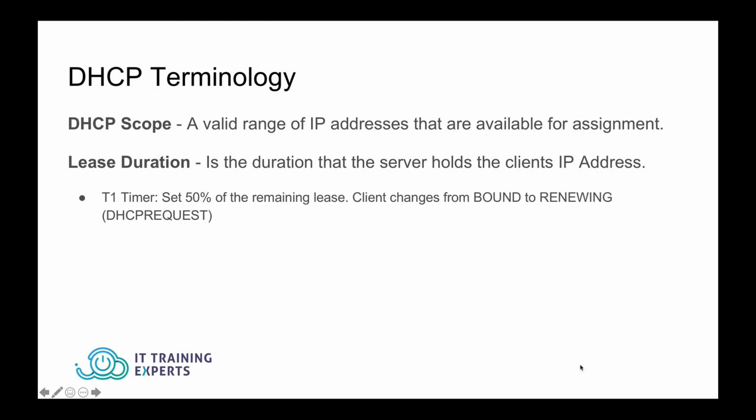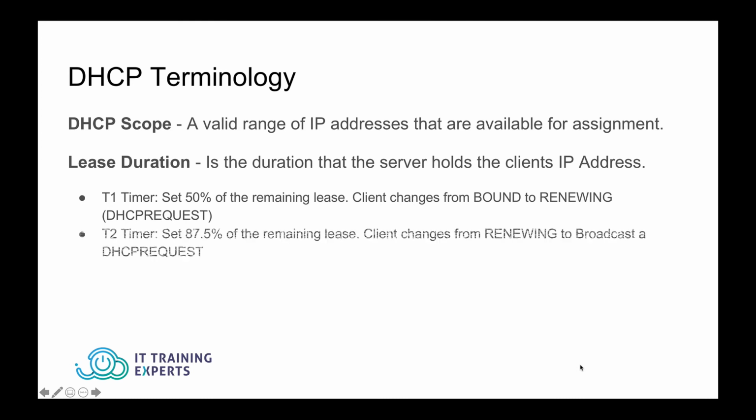But sometimes, the DHCP server is offline, or there's a network outage, or something happens, and the client doesn't receive any confirmation back from the DHCP server, so the T1 timer expires. So at that point, the client's in a renewing state, and something called a T2 timer is generated.